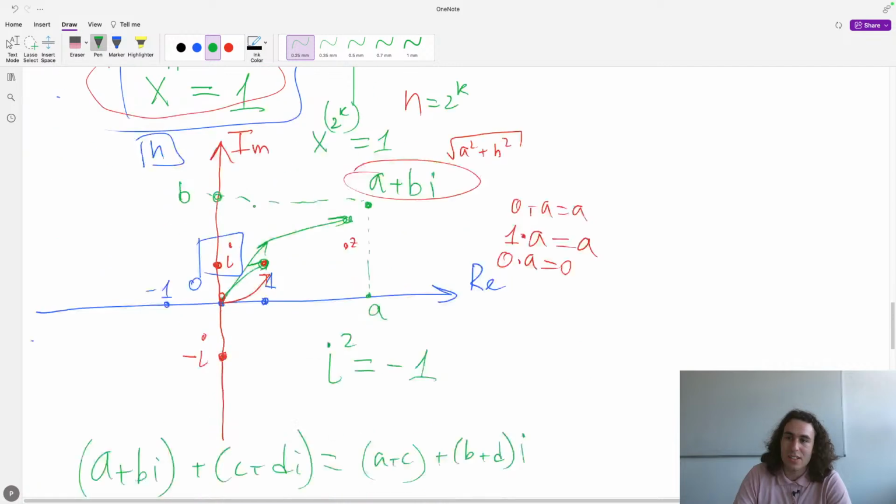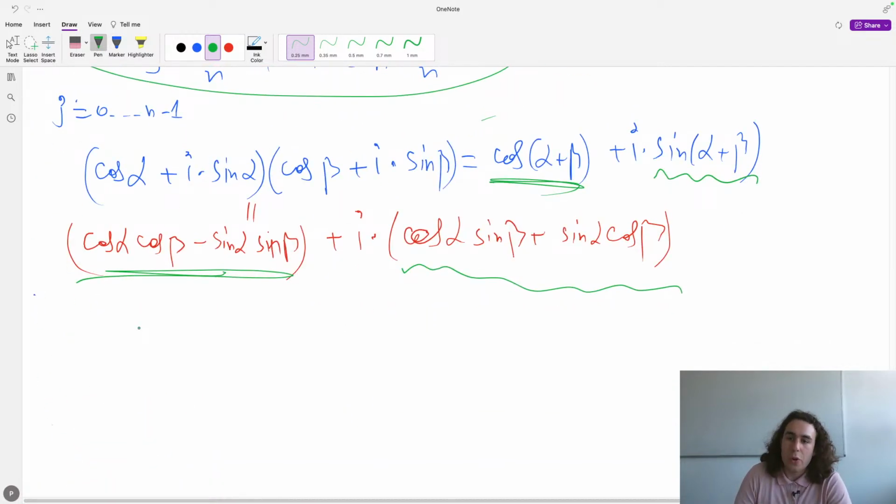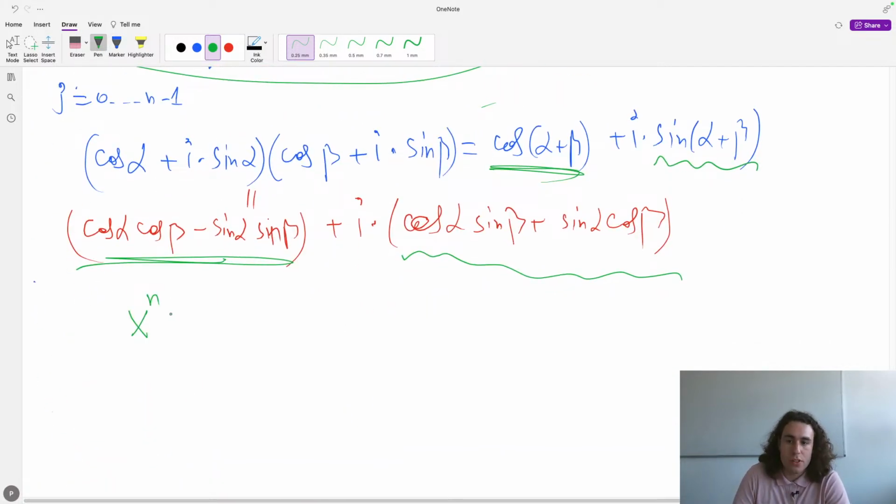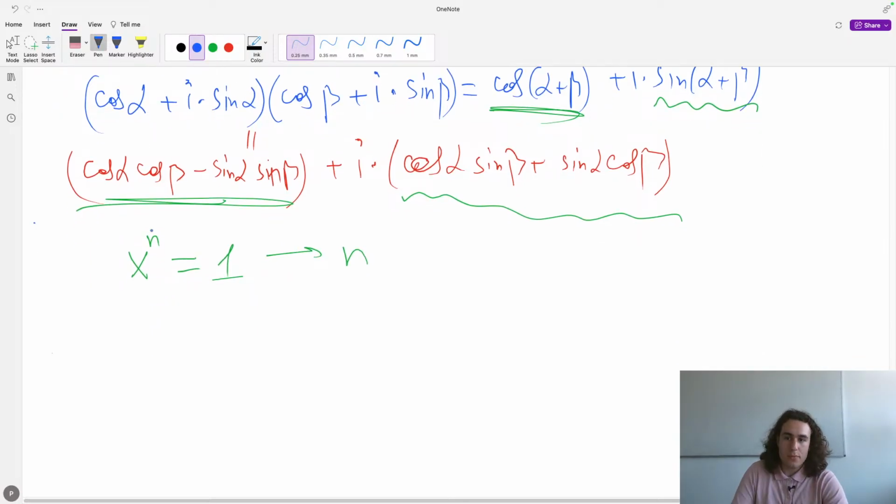So initially, we had our solution of the equation x to the n is equal to 1. And there were n of them. When we replace them by the values y, which are x squared, now they are just solutions to this equation, right? Because if y is x squared, then x squared to the power of n half is 1.